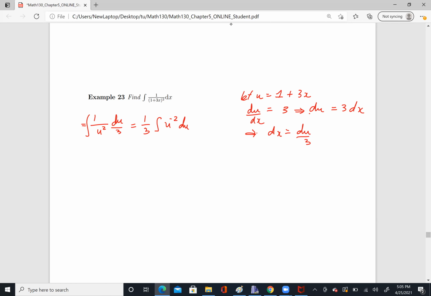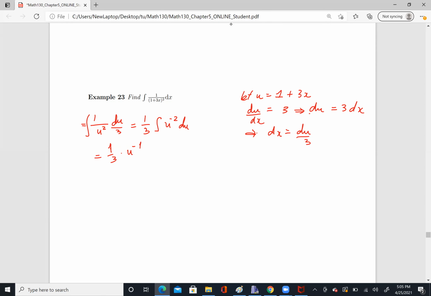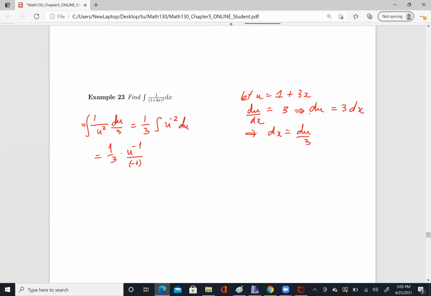Now I have 1/3 times u to the power -1, because -2 plus 1, over -1, and plus c.